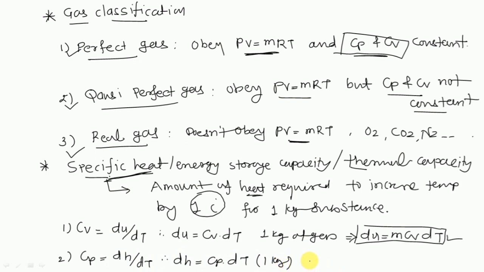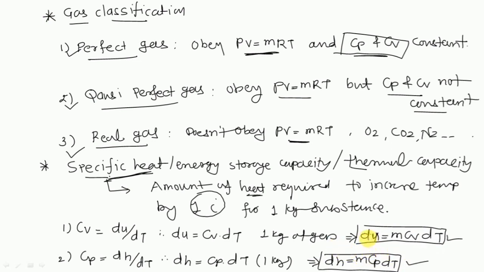For mass m, dH equals m Cp into dt. This is also a very important equation. The two main equations are du = m Cv dt and dH = m Cp dt, and you need to remember these two equations.